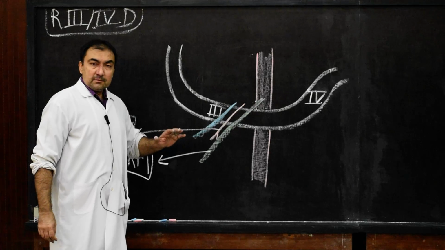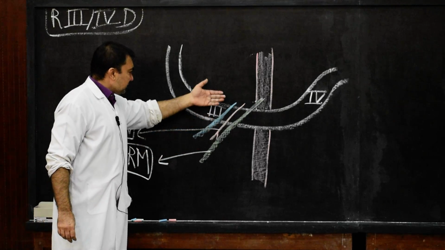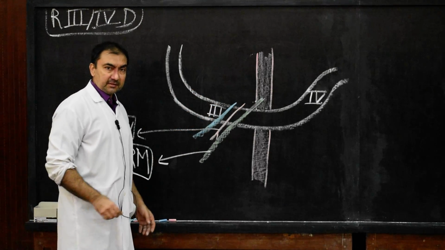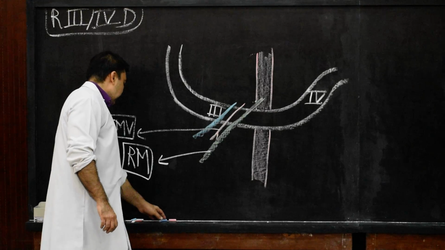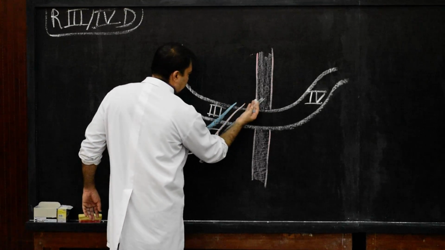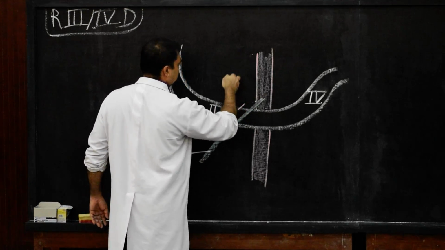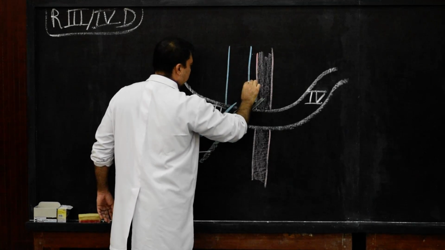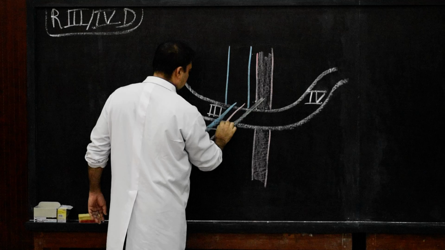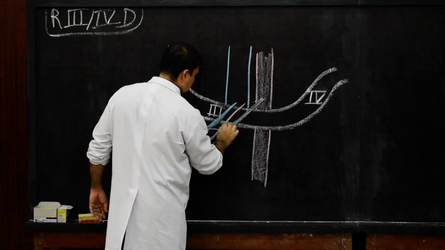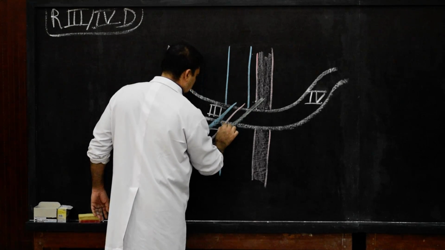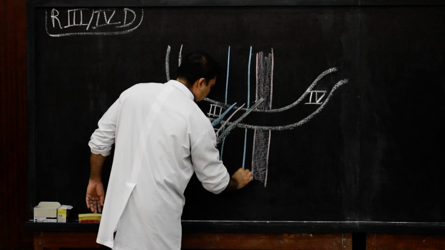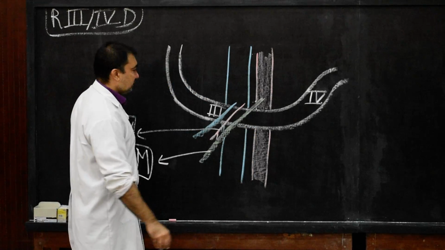Now the posterior relations. What are the posterior relations of the third part? Very interesting. For the posterior relations of the third part, we first draw the inferior vena cava on the right side of the aorta.